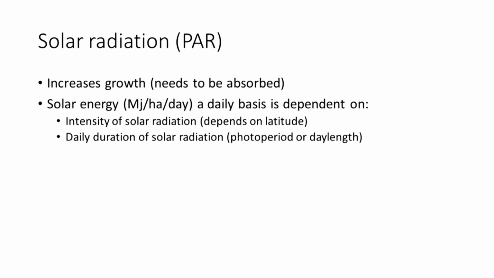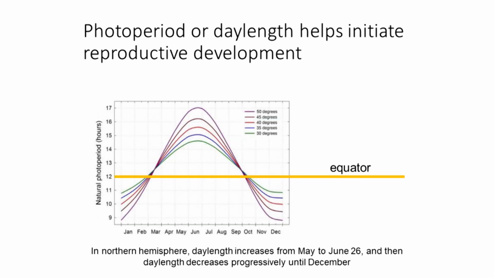So daily solar radiation is dependent on the intensity, what we just talked about, and also the duration of solar radiation, essentially day length or photoperiod. This is a slide you've definitely seen in some of my previous videos, and Dr. McAuliffe, I'm pretty sure, touched on this as well. Essentially, day length varies throughout the year.